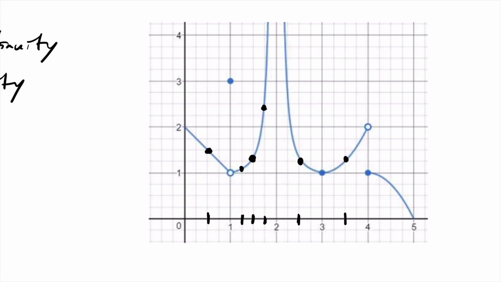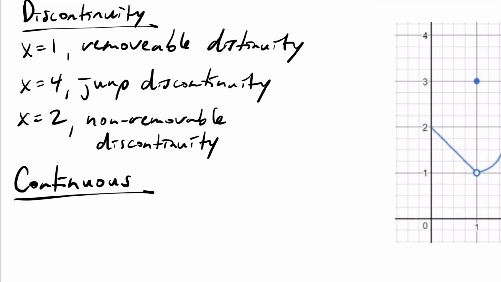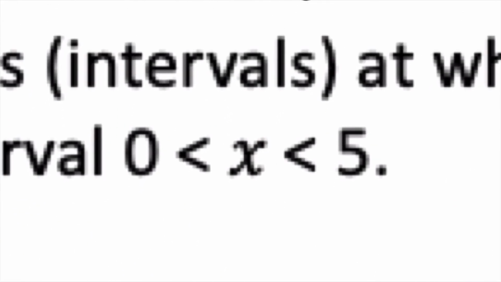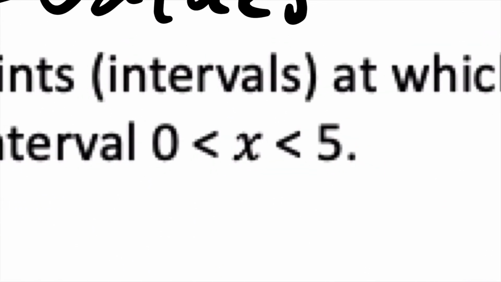So instead of doing that, how should we list them? Instead of individually, how should we list continuity? Not as individual points, but as intervals. Intervals from here to here. We have intervals called periods.